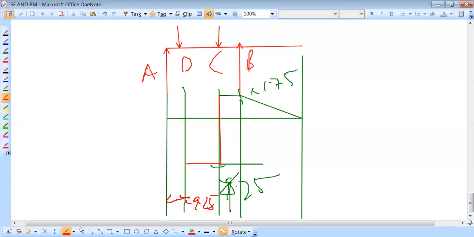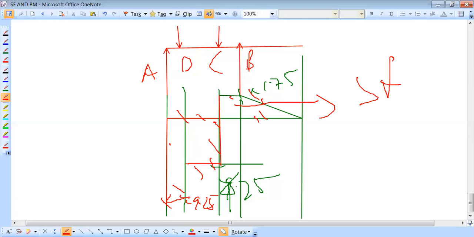So this diagram is called the SFD, the SF diagram.